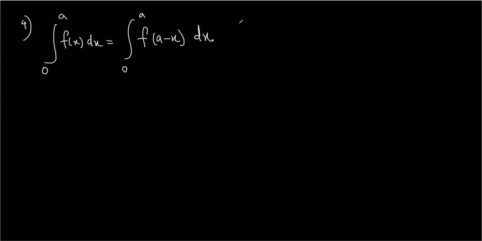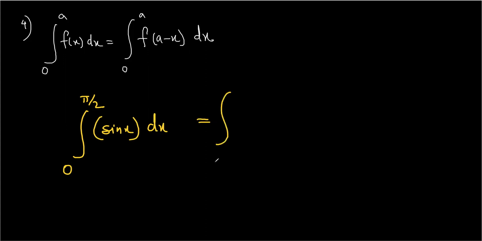I will give you an example for this. Suppose I have to integrate 0 to pi by 2 sine of x dx. Here the interval is 0 to pi by 2, so I will keep it 0 to pi by 2. The function is sine, so I will keep it as sine, and the variable is x.